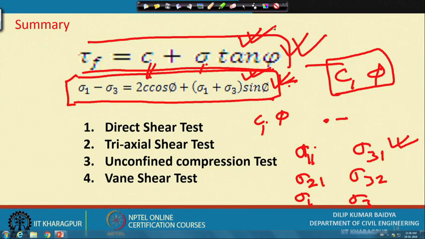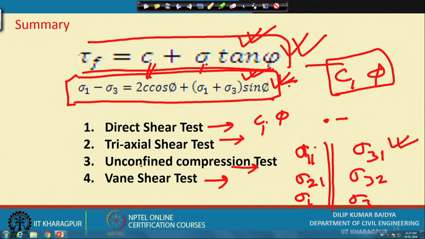During the test, we apply a particular sigma 3 and see what sigma 1 is at failure. So this test can be done in different ways: direct shear, triaxial, unconfined compression test, and vane shear. Various tests are available, and you should know which test is suitable for what type of condition, and we have explained those things during the lecture class.